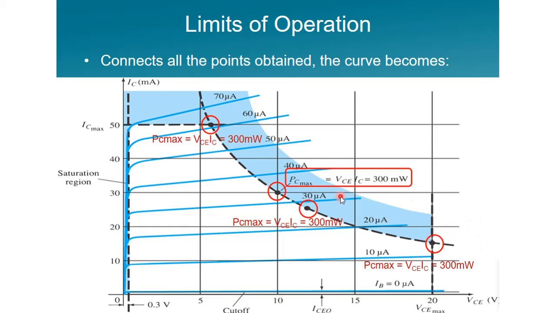So the transistor only works in this white area. So remember that for this curve, we have IC maximum, and then we have the VCE saturation around zero voltage, and then the cut-off region here, and also VCE maximum.